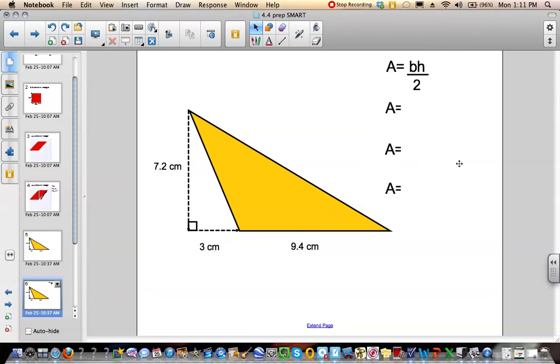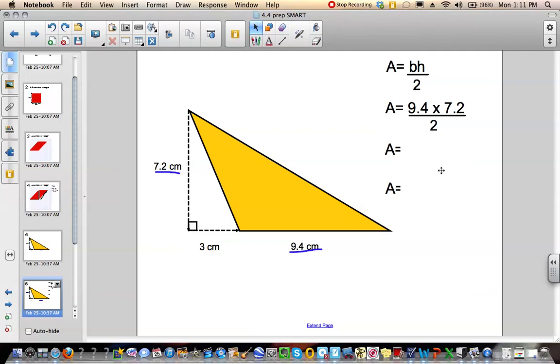So to find the area of a triangle, we multiply the base, which in this case is 9.4, by the height, which is 7.2. We replace what we know. We know that the base is 9.4. We know that the height is 7.2. And because it's a triangle and half of a parallelogram, we are going to have to divide it by 2.